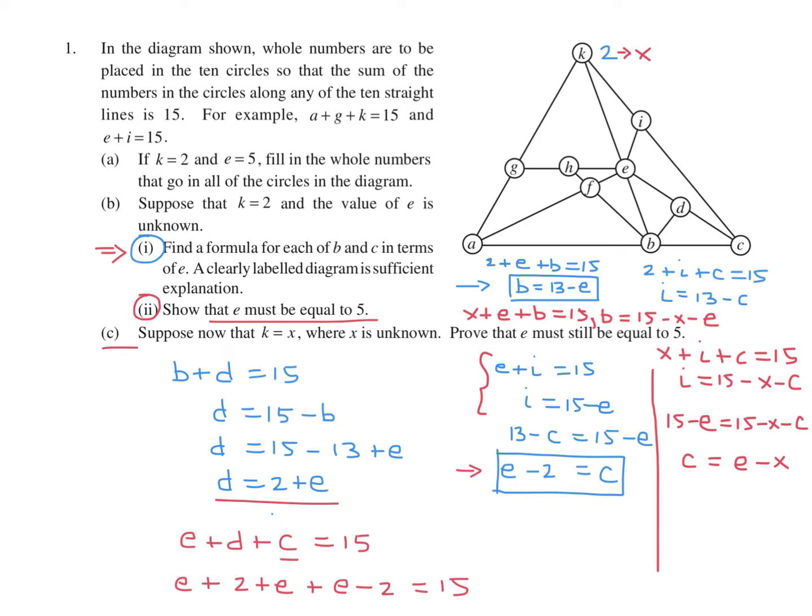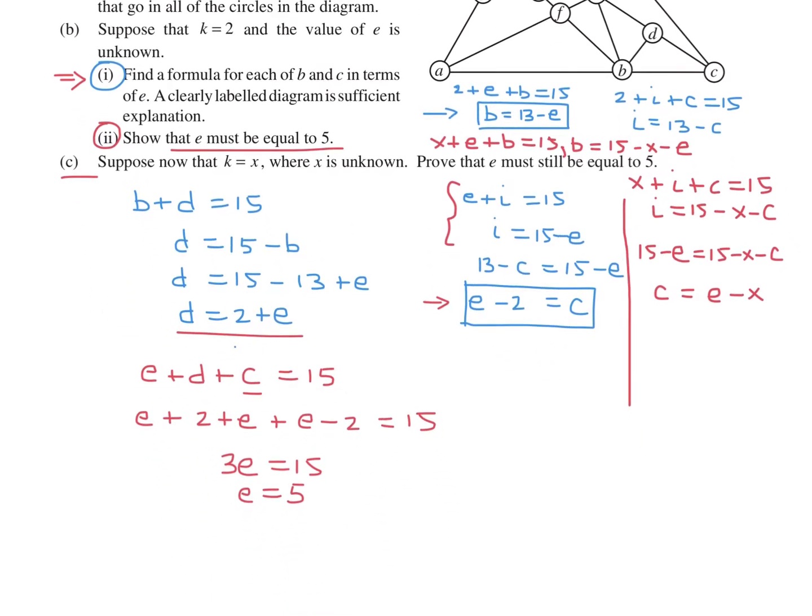Great. And then we continue in the exact same way yet again. Let's look at these two, B plus D. That doesn't change. B plus D is still 15.